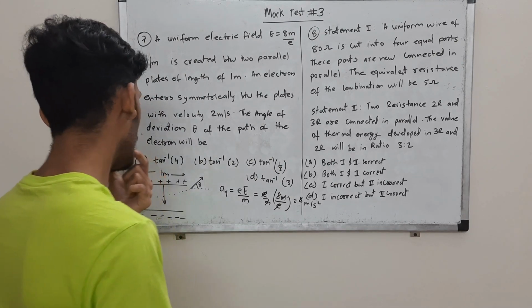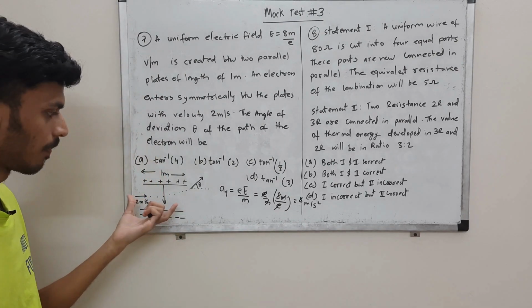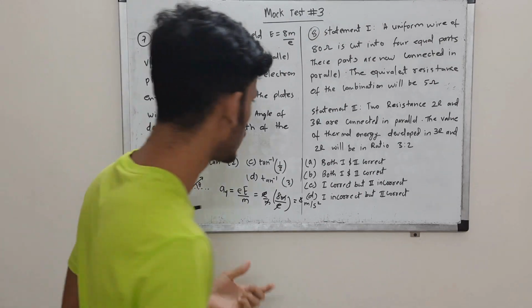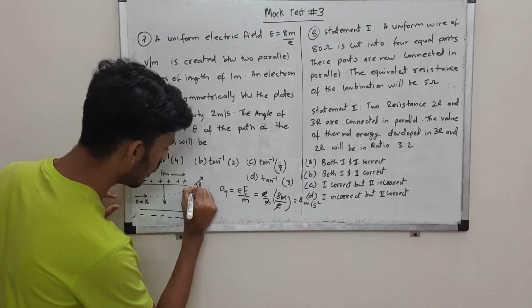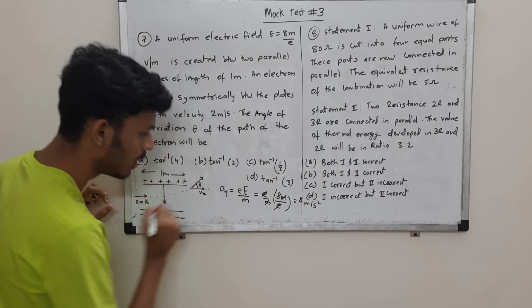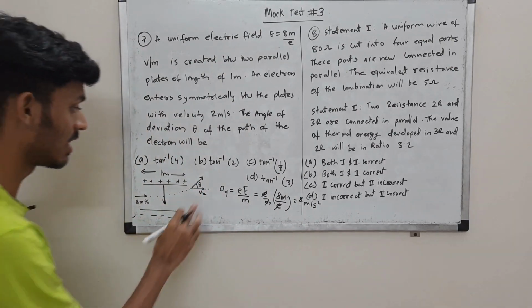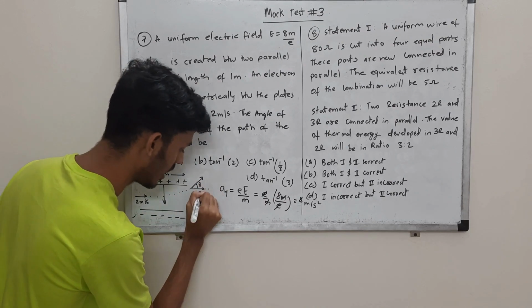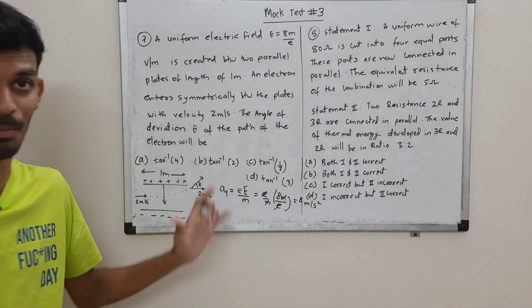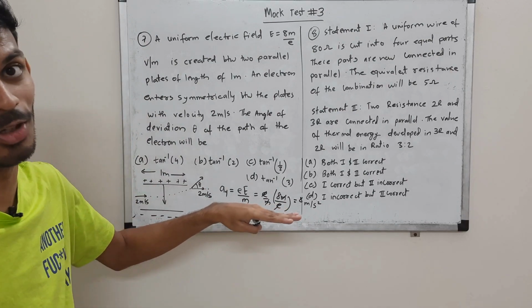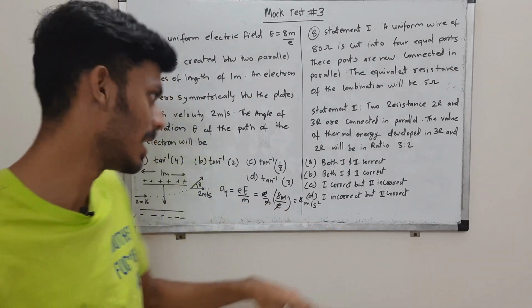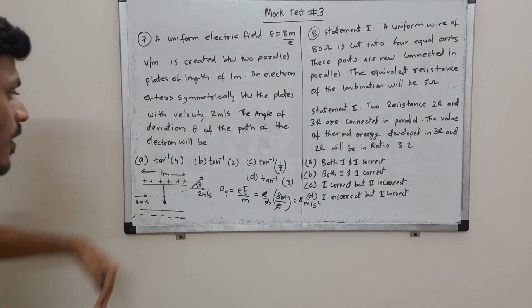We can find the time spent over here. Why will we find time? Because the objective is to find the angle. The angle can be given as, so we already know the velocity in the x direction. There is no acceleration in the x direction, so the velocity is going to remain the same. Only acceleration is in the y direction.